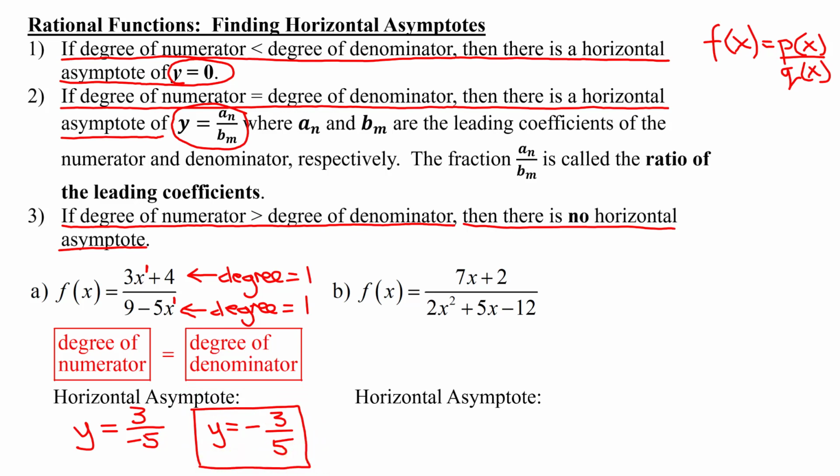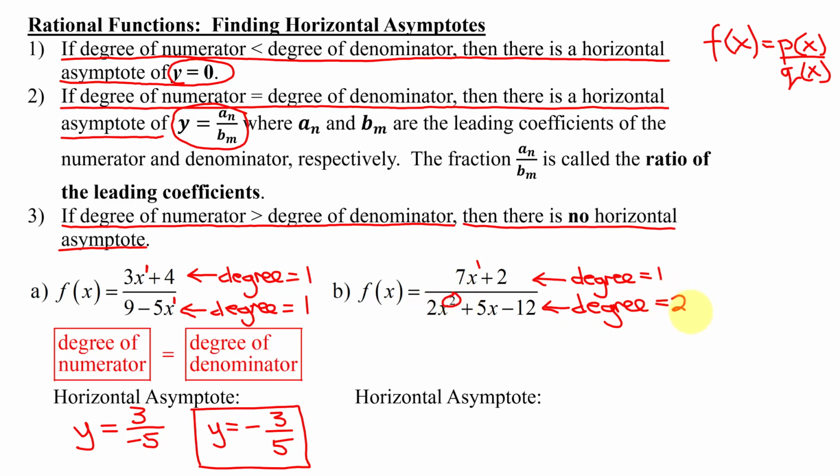In the second example, the rational function f of x equals 7x plus 2, all divided by the quantity 2x squared plus 5x minus 12. Well, looking at the numerator, what is the highest exponent on any of the x's in the numerator? It is a 1, so the degree is 1. And for the denominator, what's the highest exponent on any of the x's in the denominator?